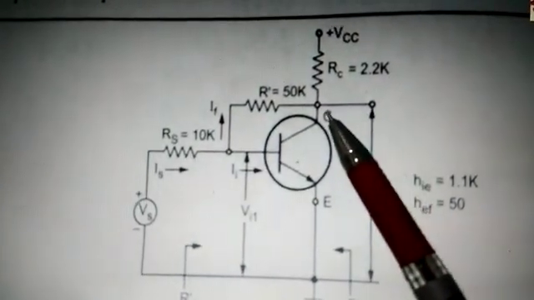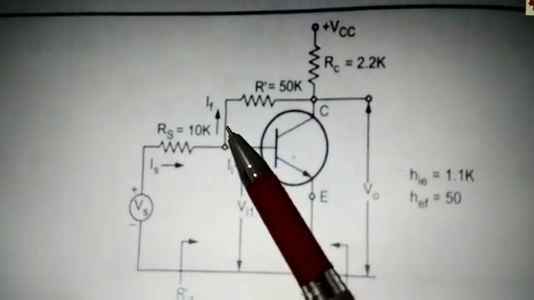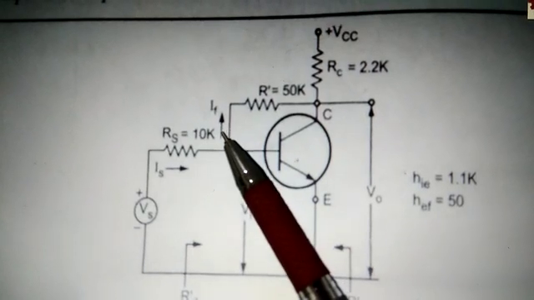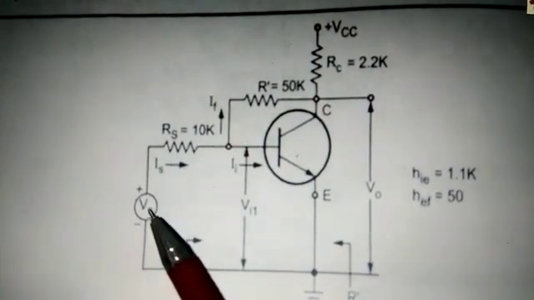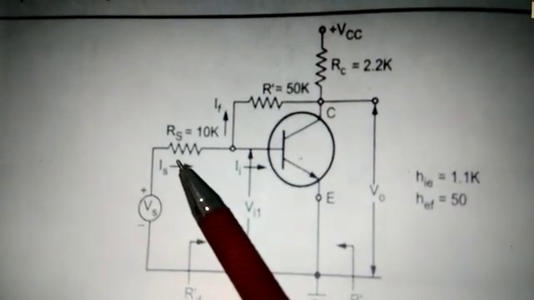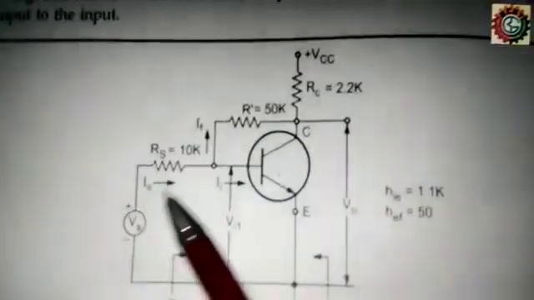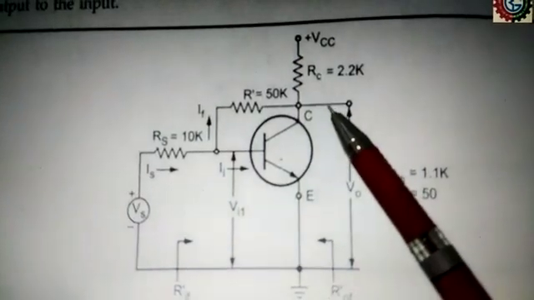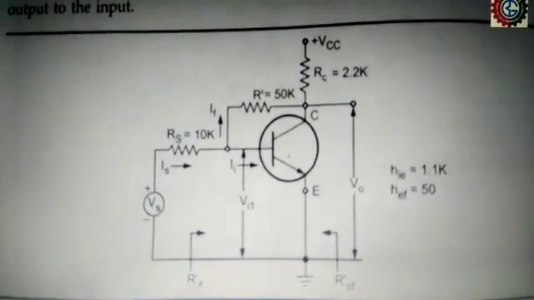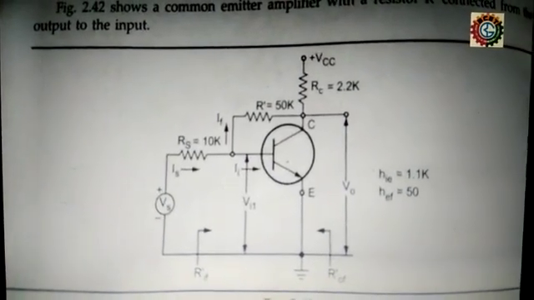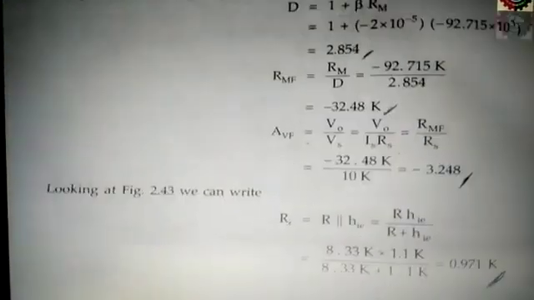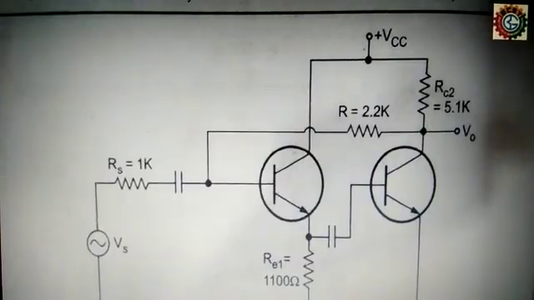The output voltage is the input to the feedback circuit, and this is the output current of the feedback circuit, which is in parallel with the Norton equivalent of the source Vs and Rs. That is a shunt connection, and hence it is voltage shunt feedback, and we calculated a number of parameters of this circuit. Now let us go for the second example.